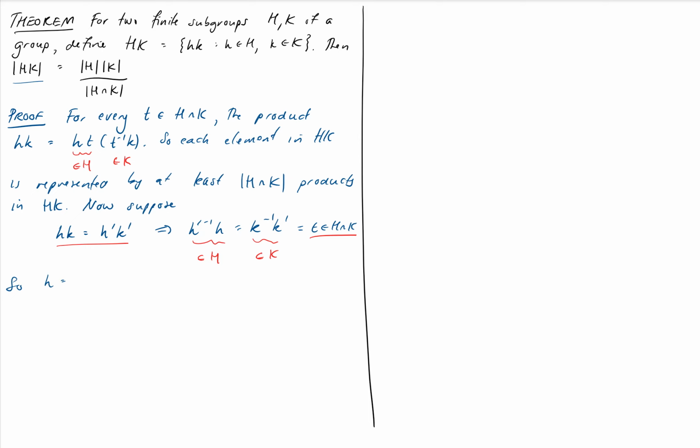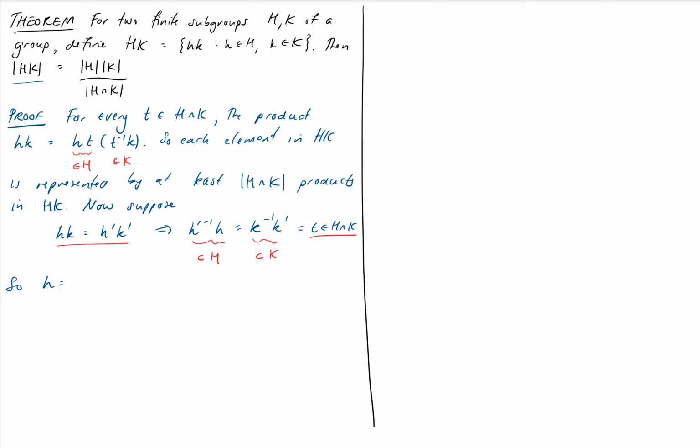So H is equal to H prime T, and K prime is equal to... whatever, no, it's not quite right, sorry. Let's try it again.